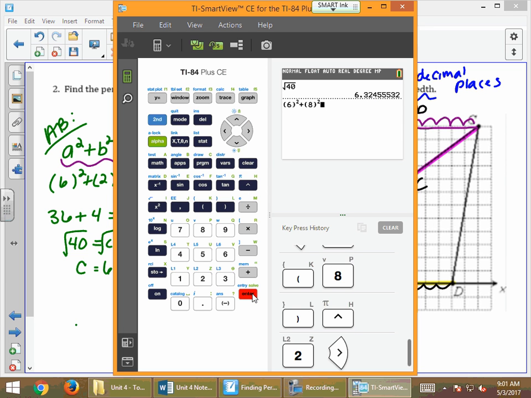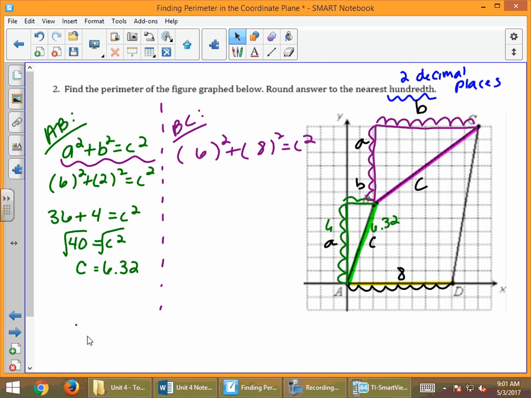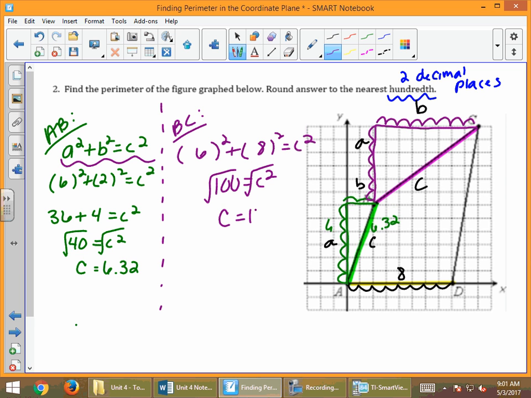So feel free to do that. So you do 8 squared plus 6 squared. Gives us 100. So it kind of quickens up the process. Square root. And the square root of 100, just like we found in the last problem, is 10.